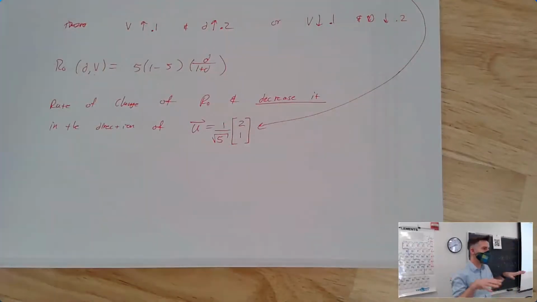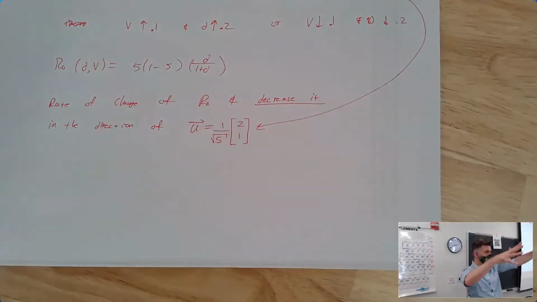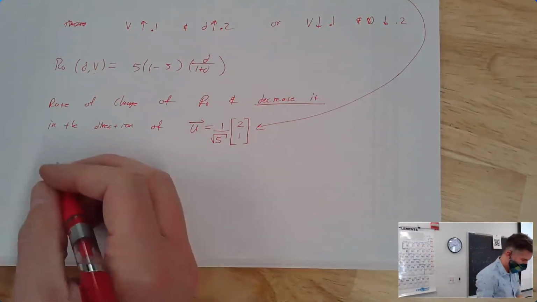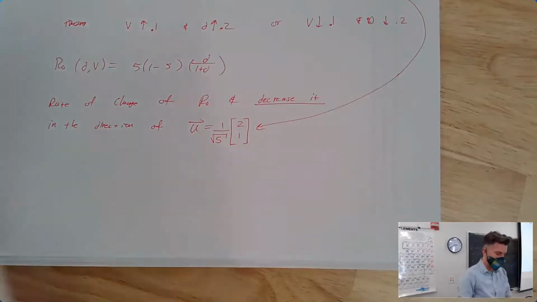So here's the way I would like you to think about this. This function is a function of 2 variables. It's a surface. And we're somewhere on this surface, right? We're at the point where, well, specifically, we were looking at this point here. You guys can't see what I'm looking at. We're looking at this point here, right?